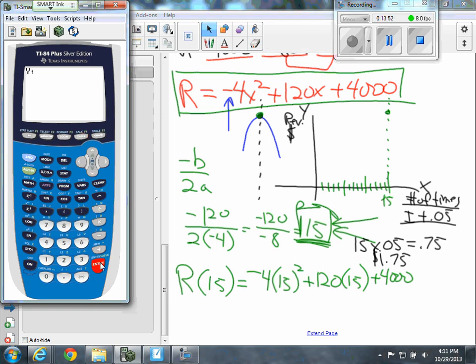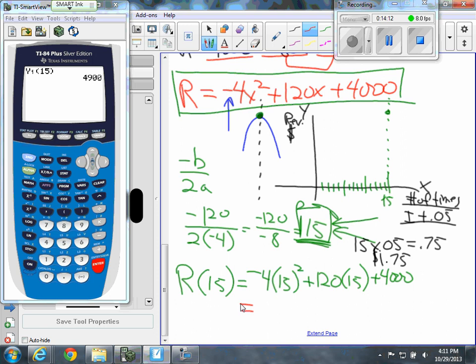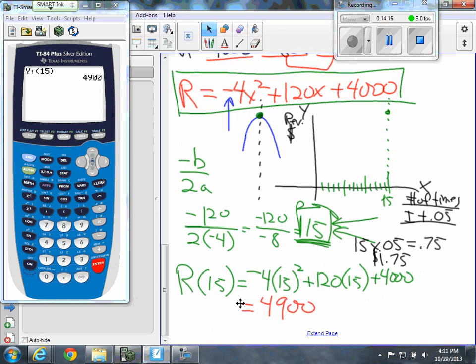So I'm going to press enter, and it says, okay, y1, what do you want me to do with that function? Well, I want you to evaluate that function, parentheses, for 15, which is the number of times I'm increasing the price. I press enter, and it tells me if I do that, then my revenue, so R of 15, is going to equal 4,900.